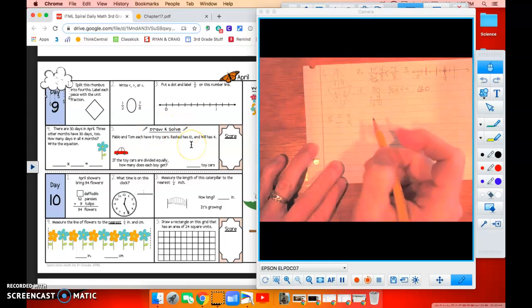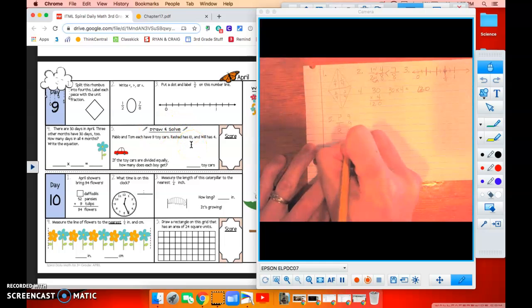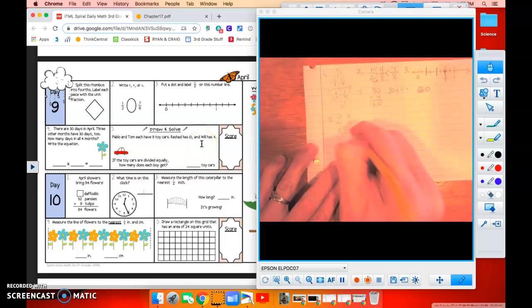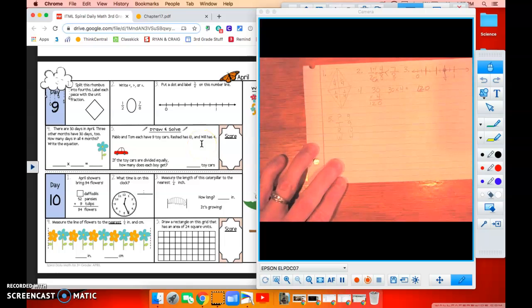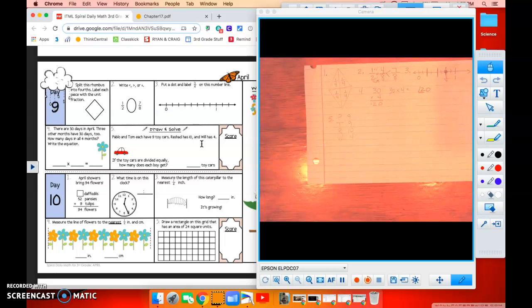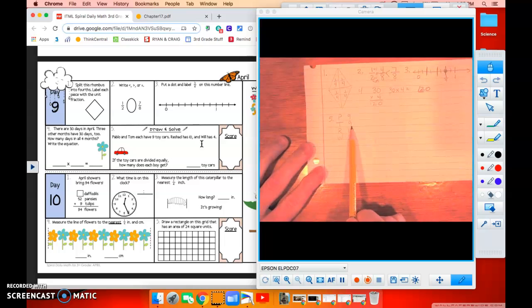Rashad has 10, and Will has 4. Now, if the toy cars are divided equally, how many does each boy get? Well, to do that, we need to know how many we have altogether, right? We need to know the total cars. So 9 and 9 is 18, plus 10 is 28, and 4 more would be 32.